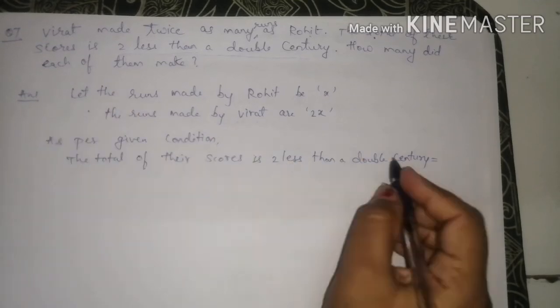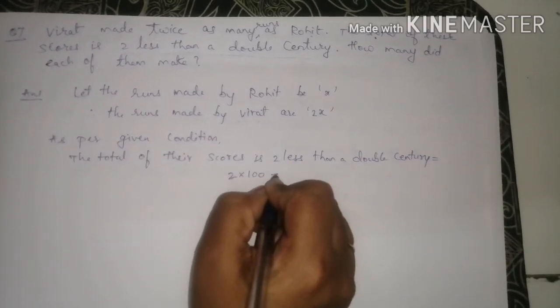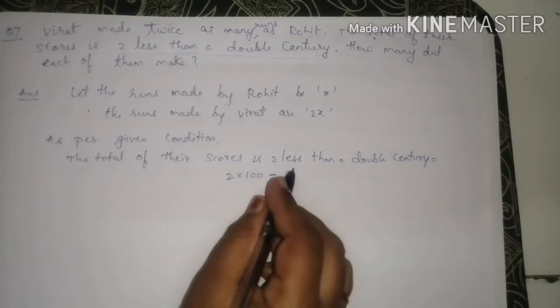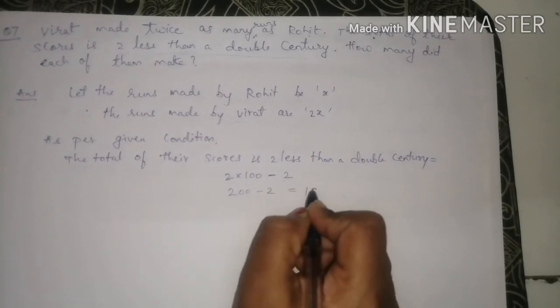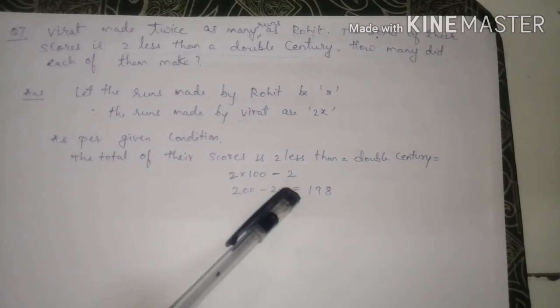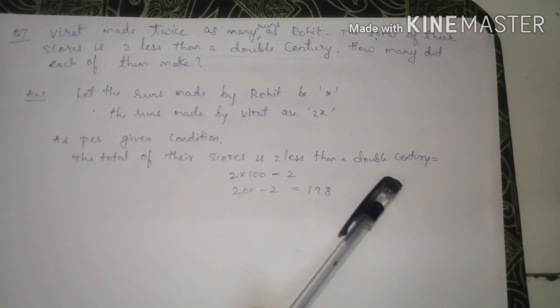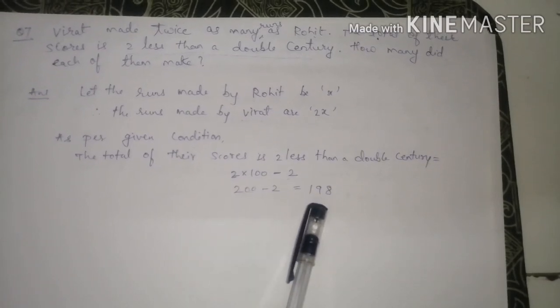So double means 2 into 100. From that it is 2 less, 2 less means minus 2. So 200 minus 2 is 198. So the total of their scores, 2 less than a double century, means 200 minus 2, which is 198.